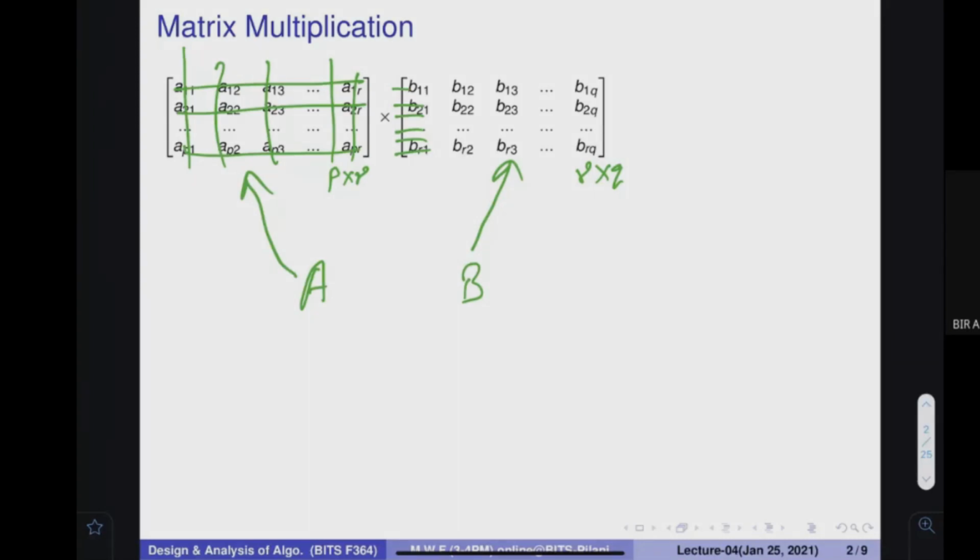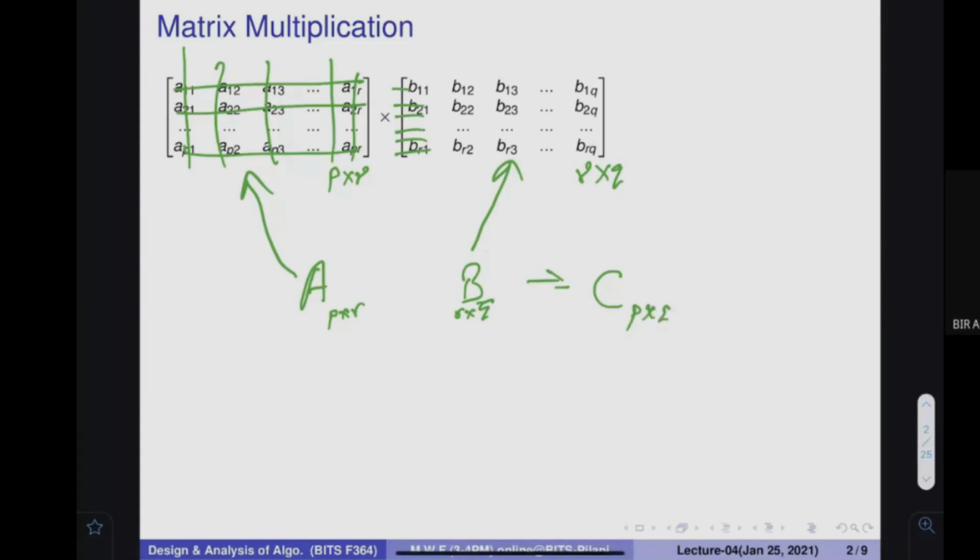Then only the two things can be multiplied. So when a matrix of size p cross r is multiplied with the r cross q, then the resulting matrix, which we can call C, is going to be of the size p cross q.